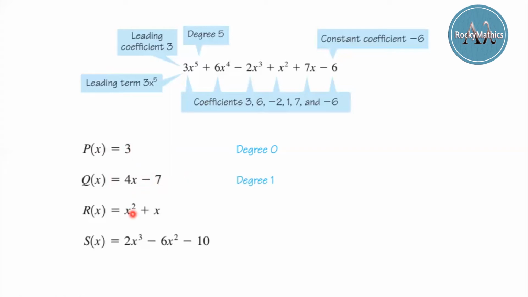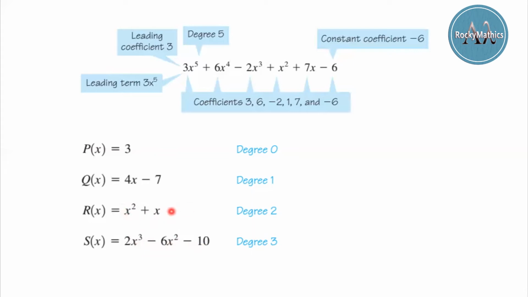How about this one? The degree is 2. How about this? The degree is 3. Now, what is the constant coefficient in this example? Negative 10. What are the coefficients? 2, negative 6, and negative 10. In this case, what are the coefficients? 1, 1.